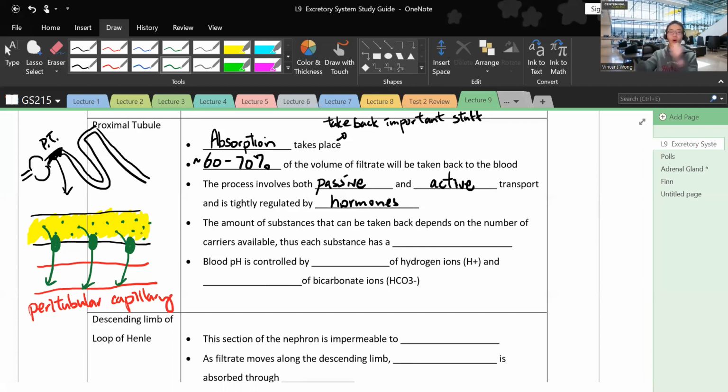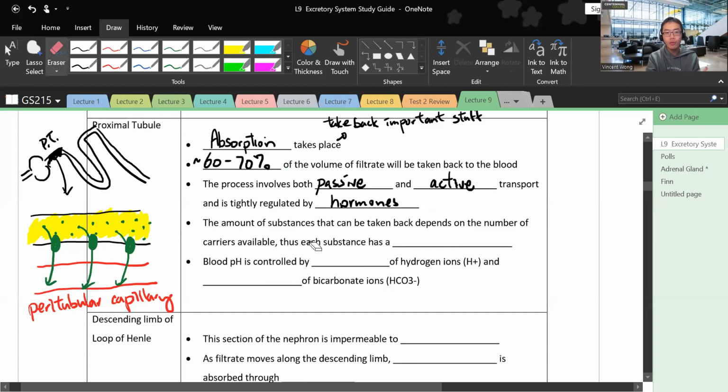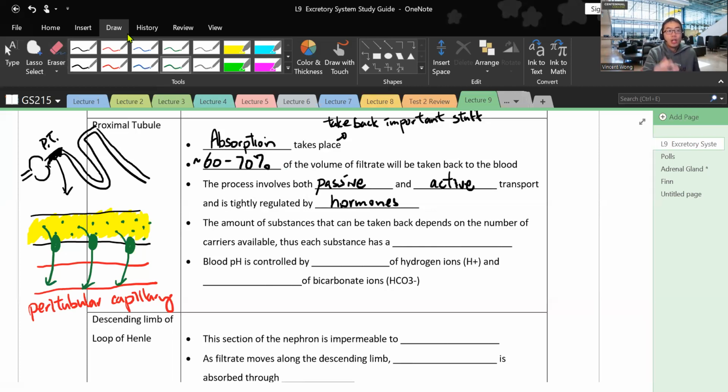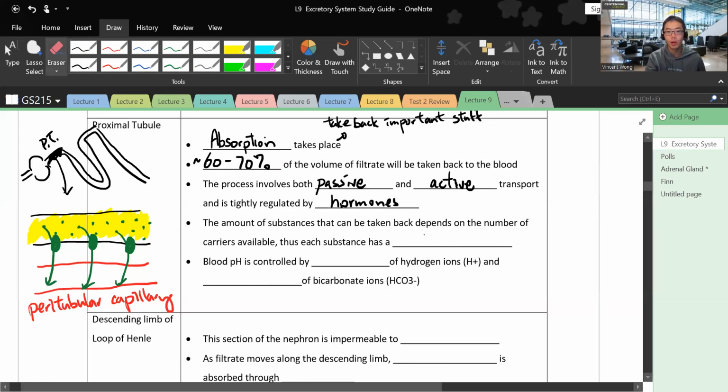You won't be able to grab all the glucose and return it back into the blood. Do you understand? So the amount of substances that can be taken back depends on the number of carriers available. If all the carriers are working at maximum speed, maximum capacity, you won't be able to absorb beyond a certain point. And that is what we call the threshold level.